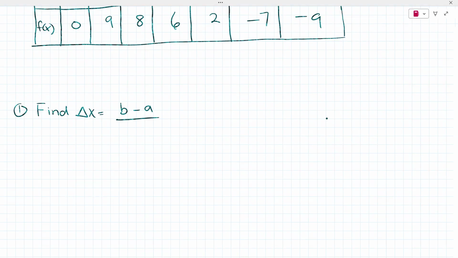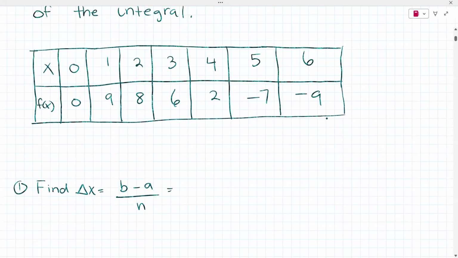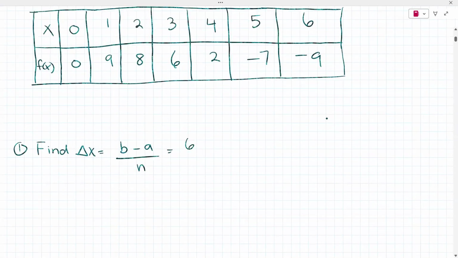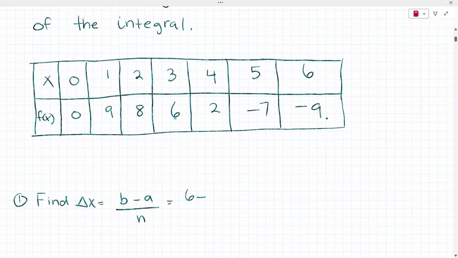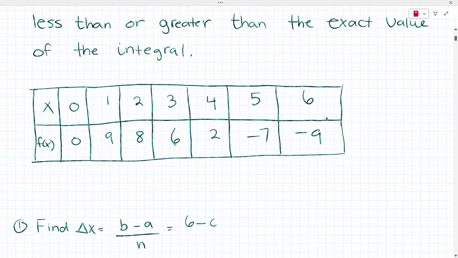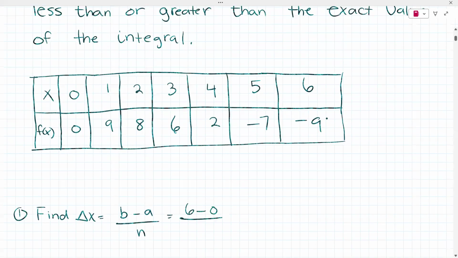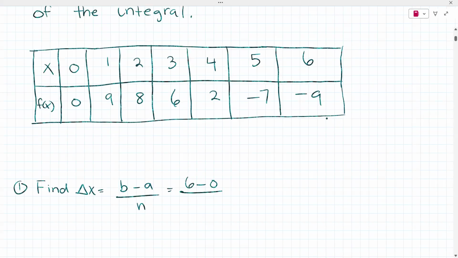My b is 6, the last x value, minus my a, which is your first x value, and then my n is 3.